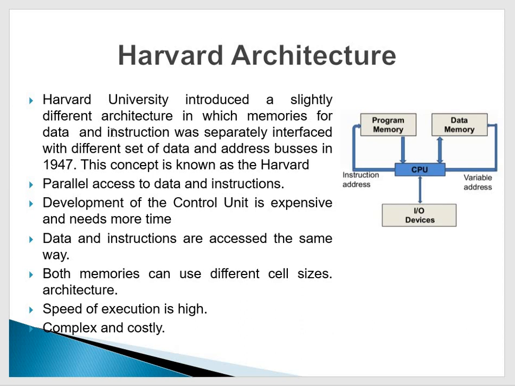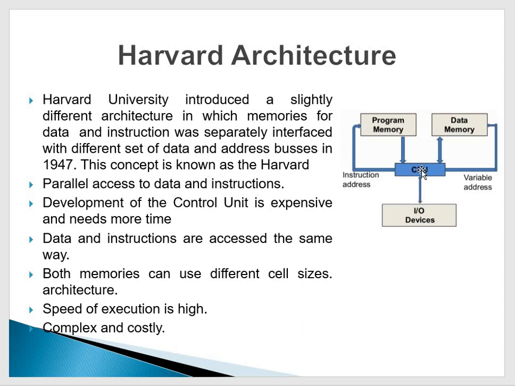In this case, parallel access to data and instructions is possible. As we can see, the CPU has two different sets of address buses and data buses. This is one set of address buses and data buses for the program memory. Similarly, these are the address buses and data buses for the data memory.